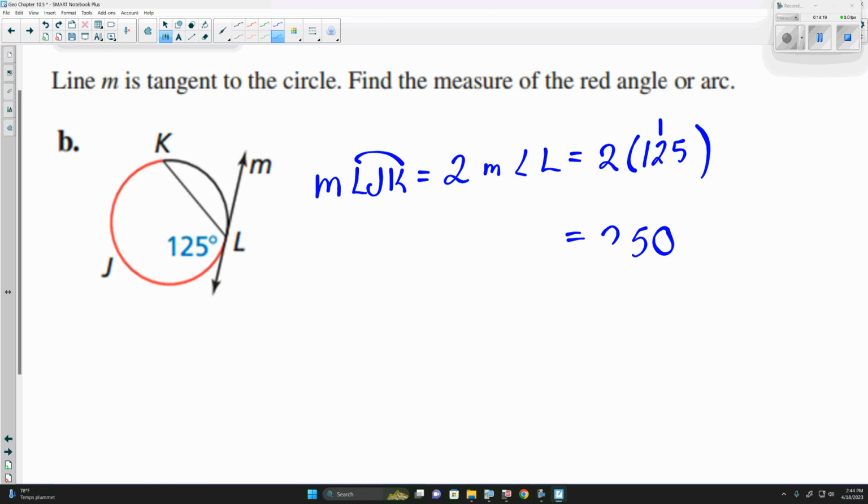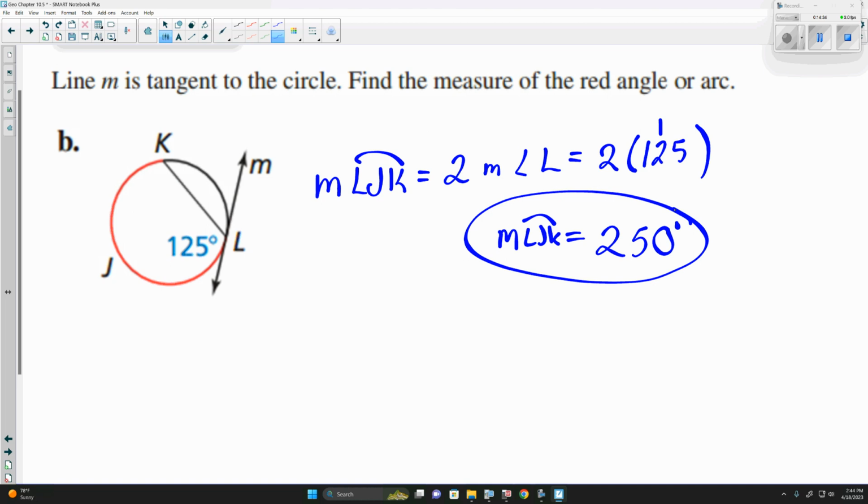And 2 times 1 is 2. So the measure of arc LJK is 250 degrees. Questions on this here? We good with all this so far? We ready for the next one?